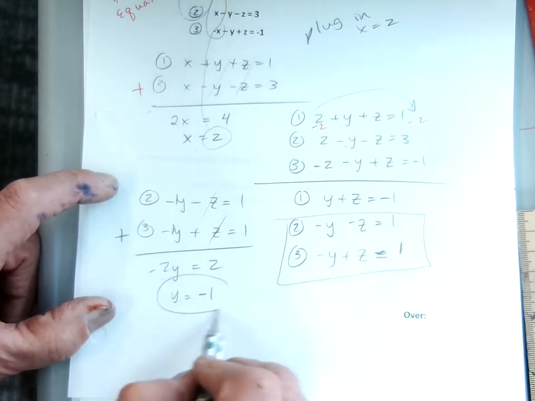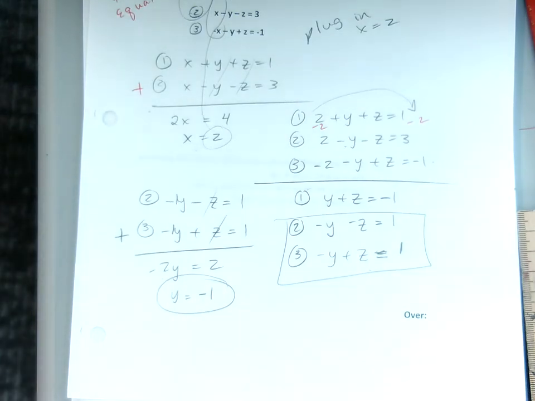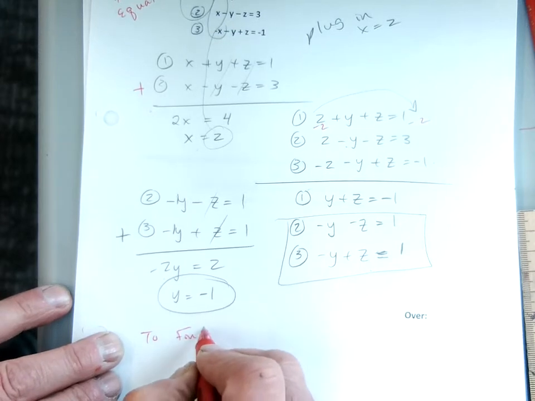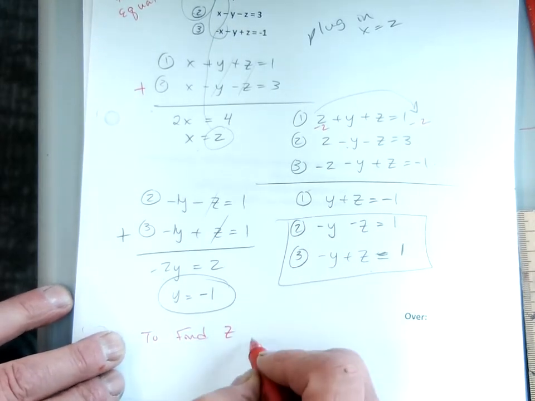So I have 2 answers, okay? I don't know z, but I can substitute, and I'll wait for you, okay? So the last thing I'm going to do is to find z.